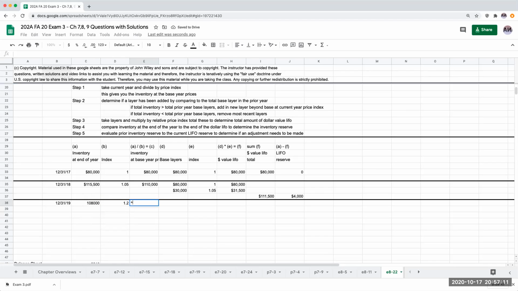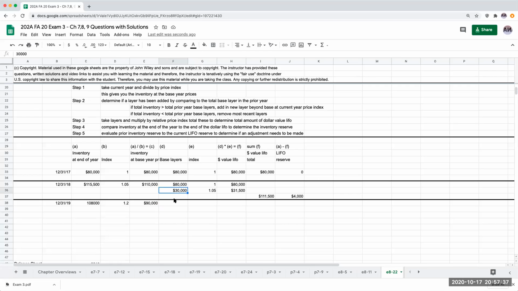So I take 108,000 divided by 1.2, and I get inventory at base year prices of 90,000. In this case, I did not add any layers. Rather, I removed a layer, and it's LIFO, last in, first out.